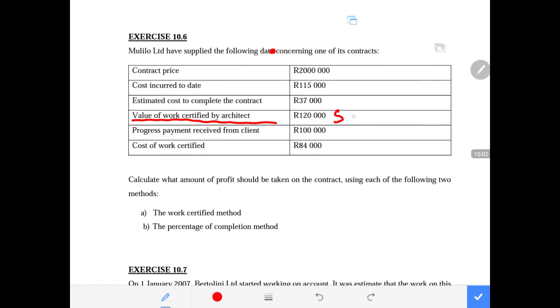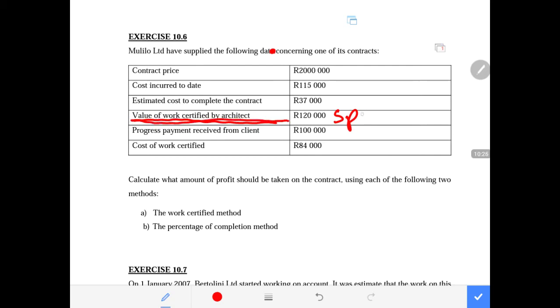So now, if this is the selling price of the work that is certified, meaning a markup percentage was already added, then you can be given a markup percentage where they say this company always adds 10% or 15% or 25% above the cost of the work that it has completed in order for it to sell it at the value of the work that is certified.